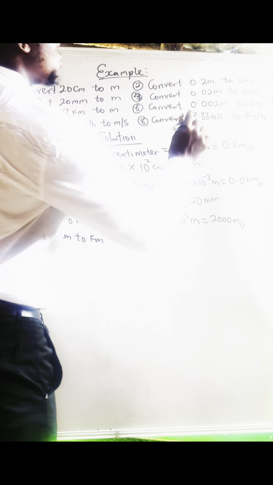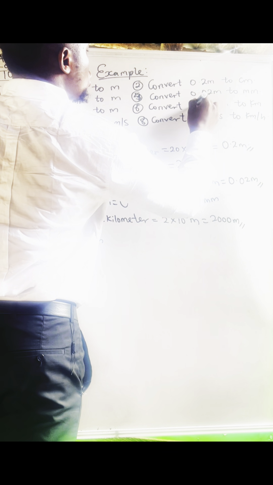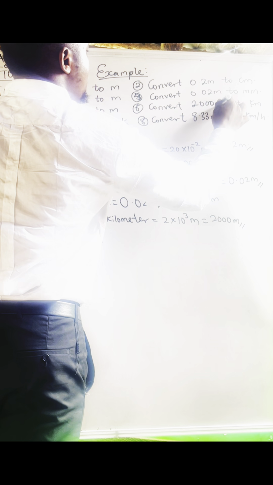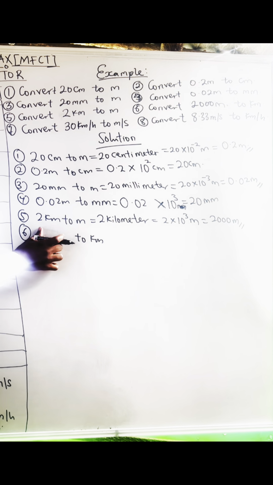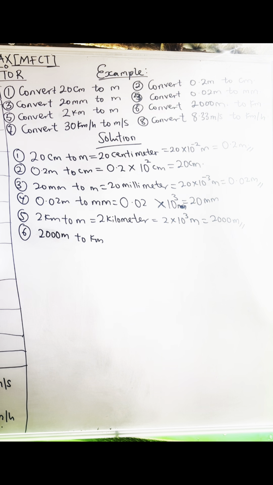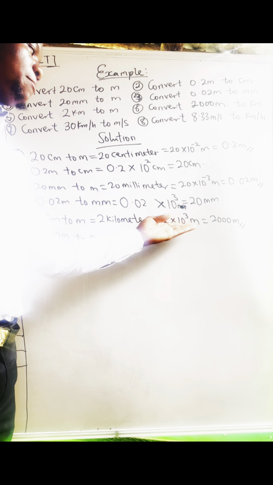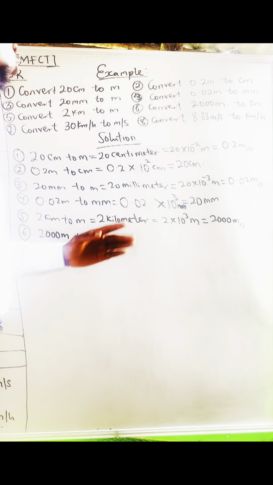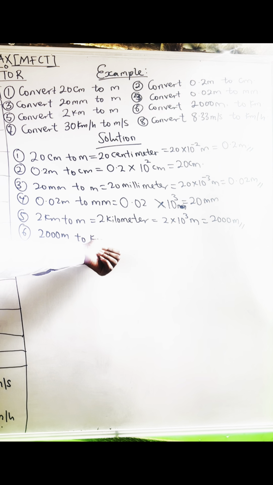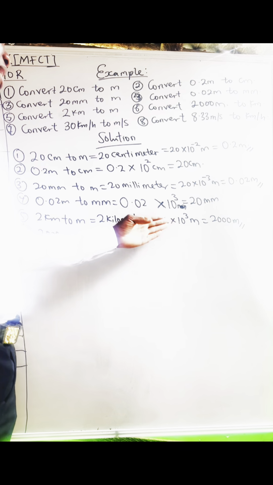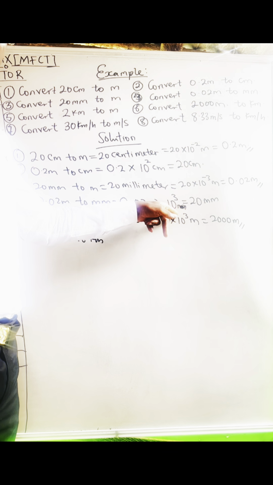Guys, permit me to change this question to, let's say, 2000 meter to kilometer. So do not forget that if you are converting kilometer to meter, you have to multiply by 10 raised to power 3, which is 1000. So if you now want to convert meter back to kilometer, it will also be multiplying by what? 10 raised to power minus 3.